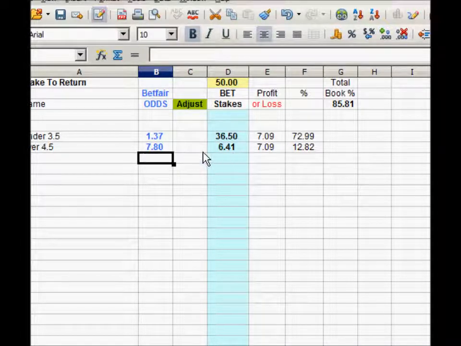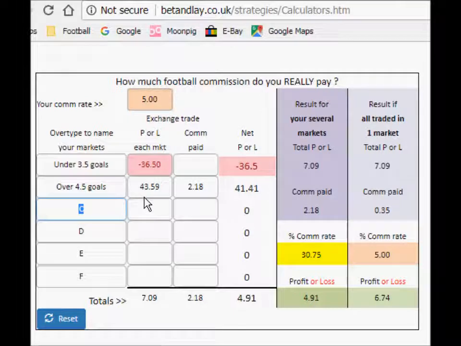If that was a winning bet, that would be a losing bet of 36.50. So put those in the calculator. There's 43.59, and 5% commission on that is £2.18, and there's our minus 36.50. And you can see our commission rate now is almost 31%.